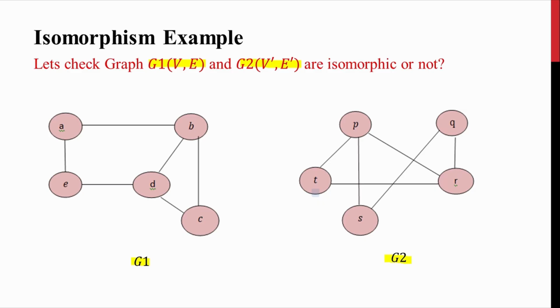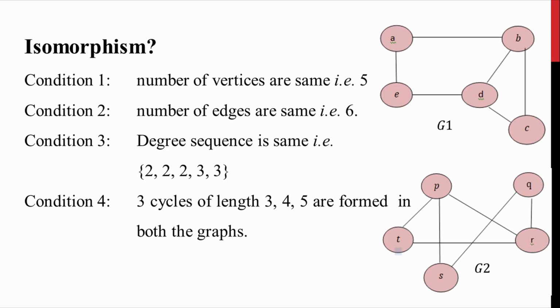Check whether G1 and G2 are isomorphic or not. For isomorphism we have 4 conditions. The first condition is that the number of vertices is the same in G1 and G2. In G1 we have 5 vertices, in G2 we have 5 vertices.